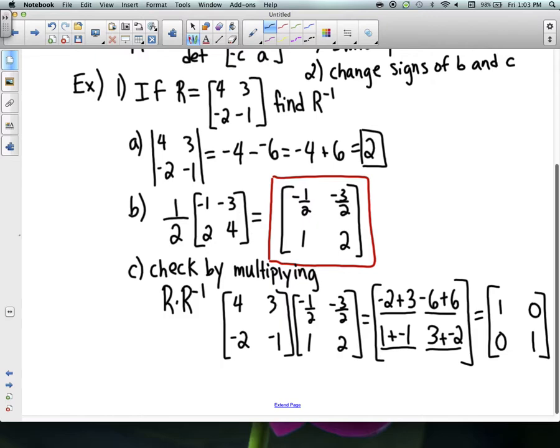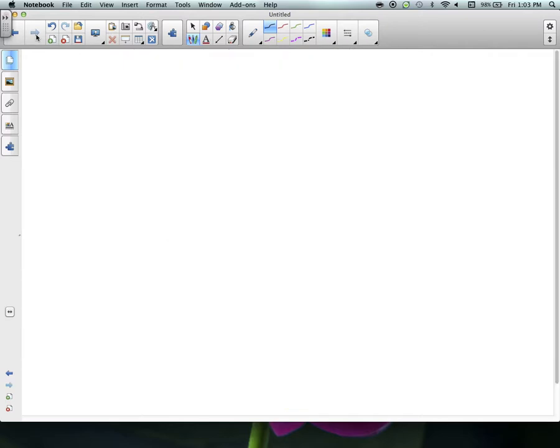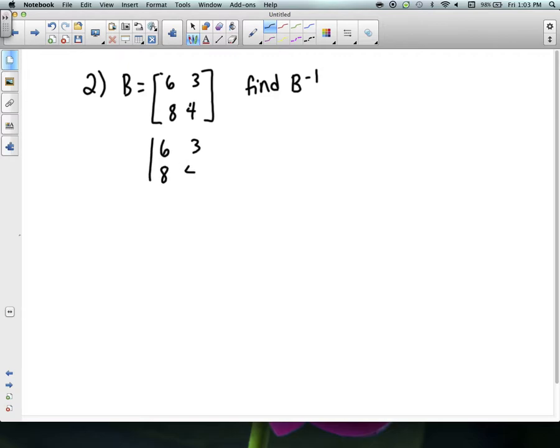All right, one more quick example with the 2 by 2 to see when an inverse would not exist, and then we'll do a 3 by 3 with the calculator. So our determinant, in this case, is going to be 24 minus 24, which equals 0.